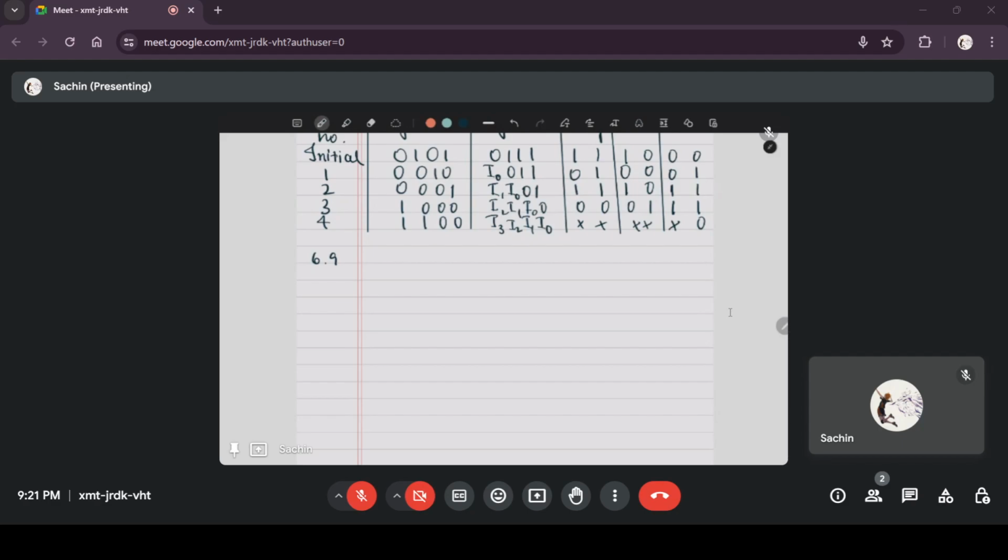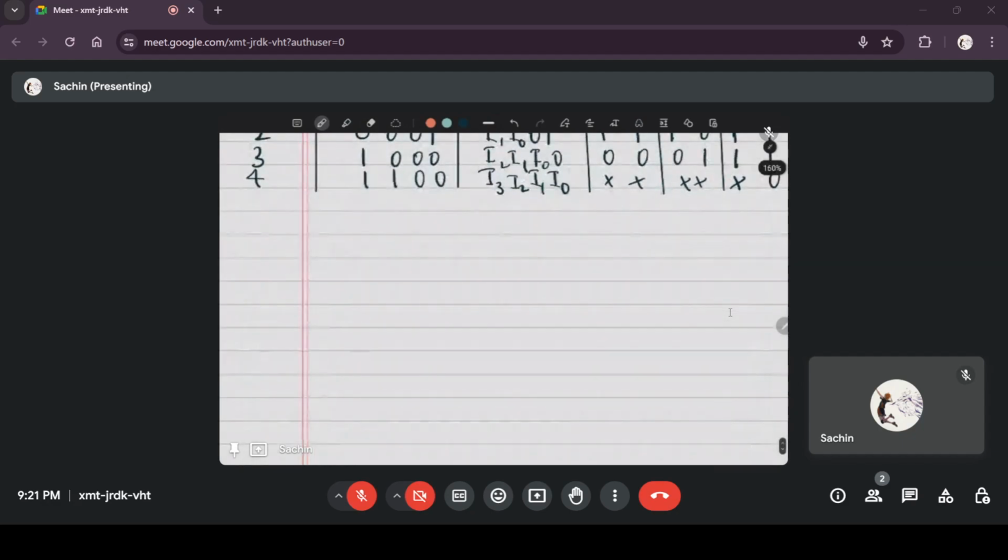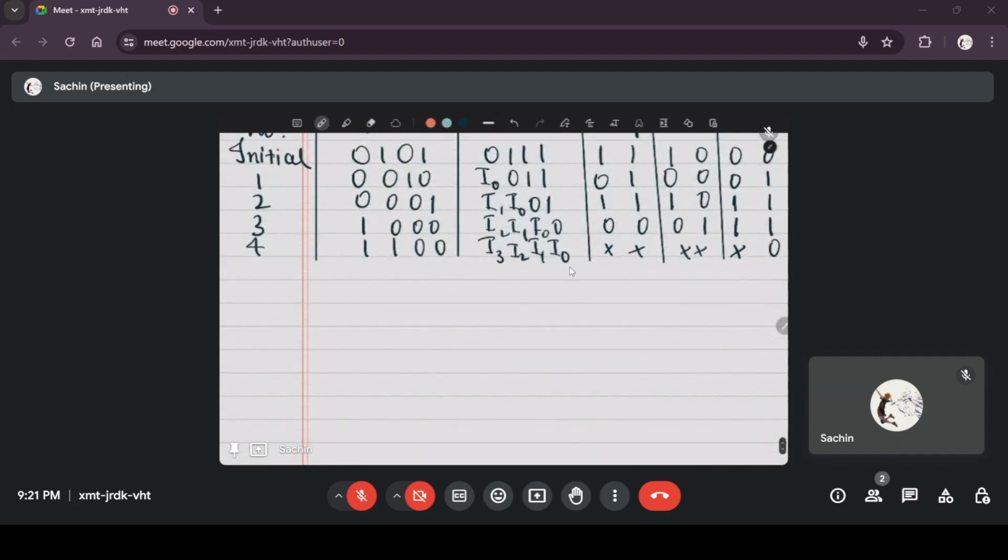Okay, I'll leave this question as homework. It will be a good exercise for you. It's a big question and it will take up a lot of time. So you already have the serial adder circuit. In section 6.2, they give you two ways for implementing a serial adder A plus B. So you just have to modify them to get a subtractor.